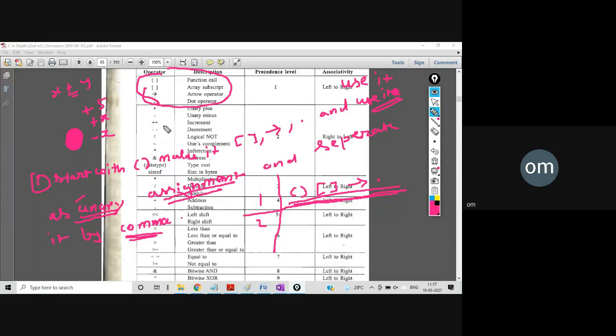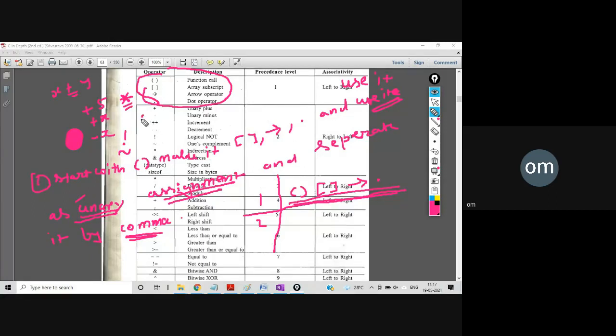Increment and decrement, plus plus and minus minus, are also unary operators. Then logical not is there. Then tilde, which is bitwise negation. Then we have star, which is called the indirection operator. It's not multiplication here; we are seeing it as a unary operator, the indirection operator that will be used in pointers later on.